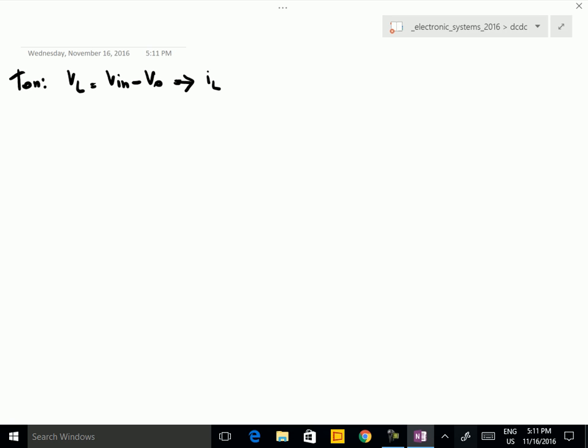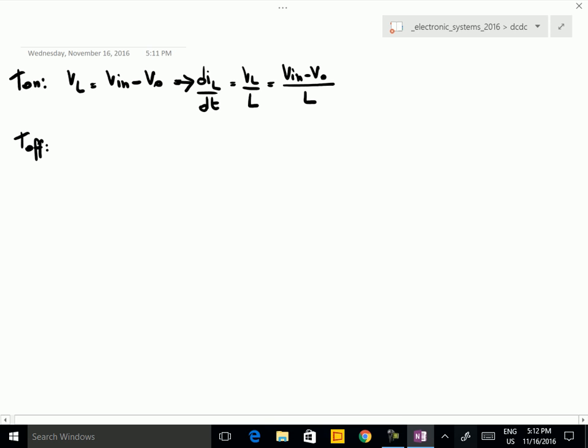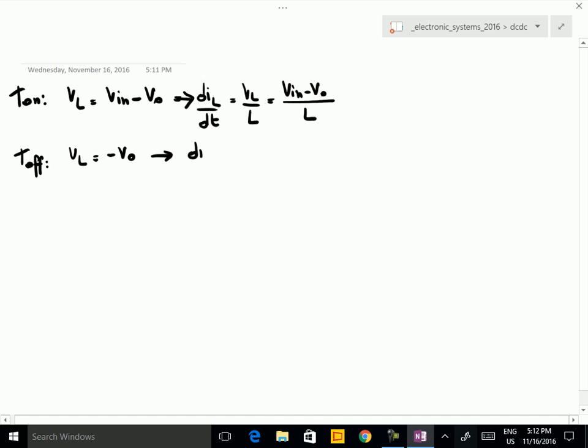This means that the derivative of the current with respect to time is equal to, of course, VL over L, and therefore is equal to V in minus VO over L. On the other hand, during the time in which the switch is off, VL is equal to 0 on one hand and VO on the other hand, so it's equal to minus VO with the sign that we had chosen, and therefore the derivative of the current, which is VL over L, is equal to minus VO over L. Okay, that is the situation.